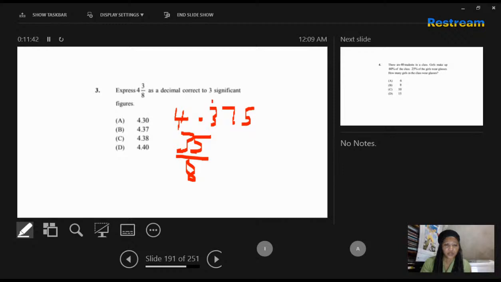And we're rounding to 3 significant figures. So that's 1, 2, 3. So round it off there. Well, the answer would be 4.38.